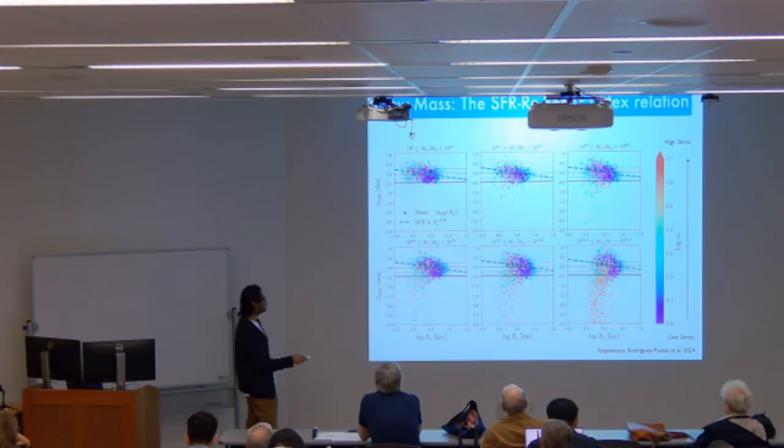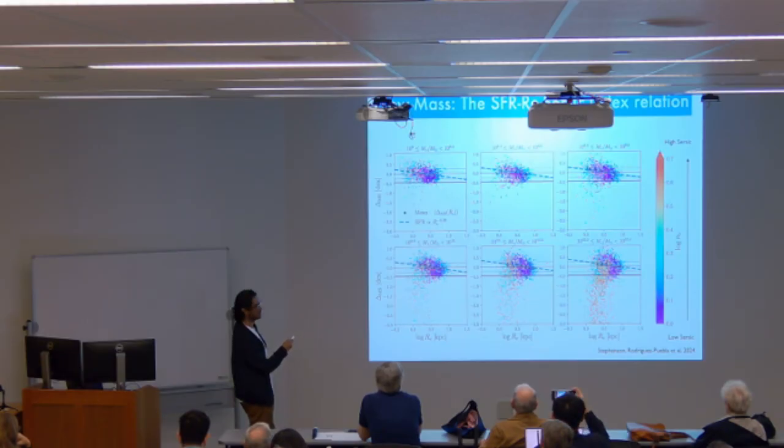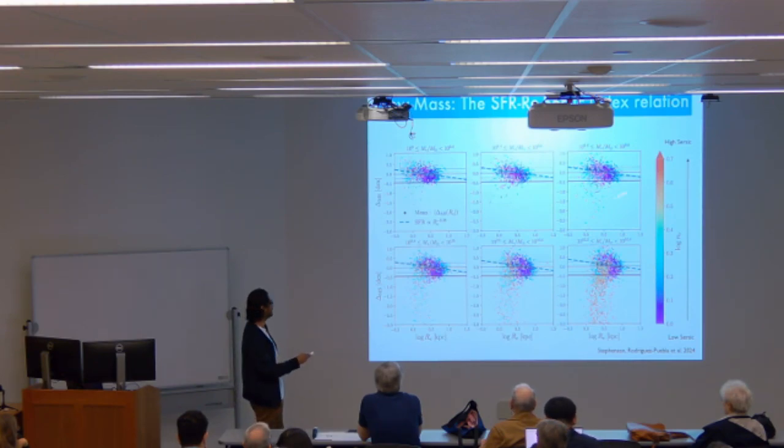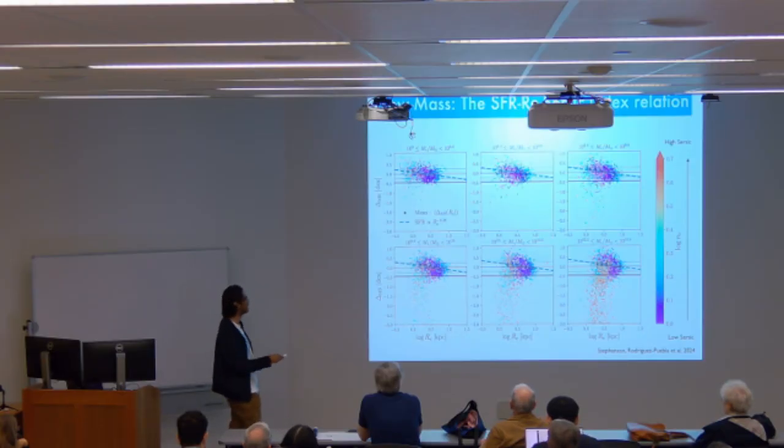Now, we color code by the Sérsic index. You can see here that redder colors are essentially on the top of the star-forming main sequence. Bluer colors, more disky morphologies, are on the bottom of the star-forming main sequence. It's important to note that galaxies on the top with earlier morphologies have the same structure as those galaxies that are quiescent. This suggests that we are seeing an evolutionary sequence in these plots.